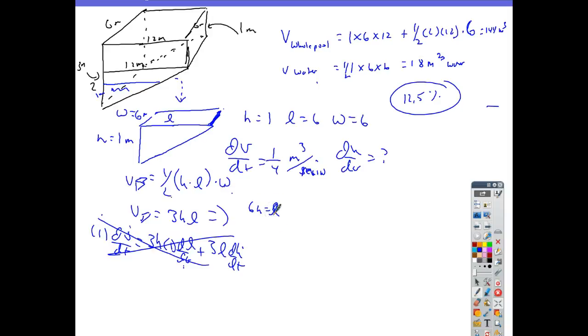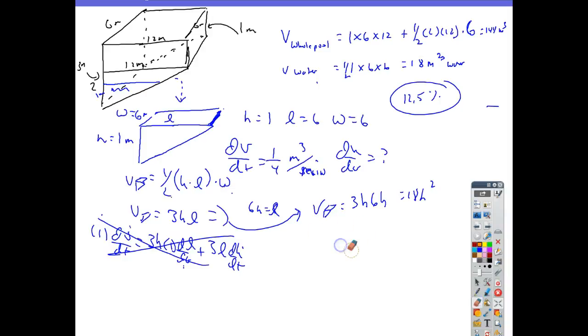Yeah. Now again, I can substitute it in, or I can simply get rid of length altogether, which is what I'm going to do. So my new volume equation for my triangular prism is 3h times 6h, or 18h squared. Now I'm going to take my derivative.